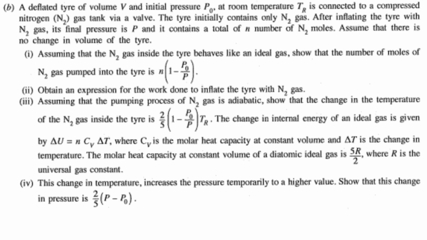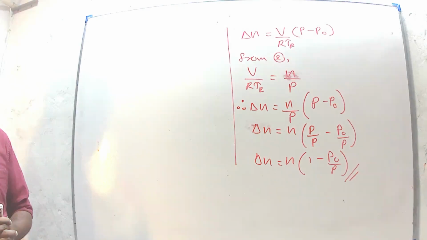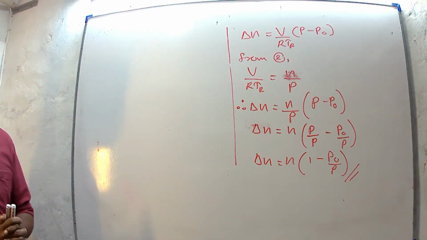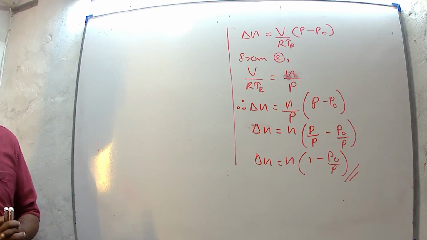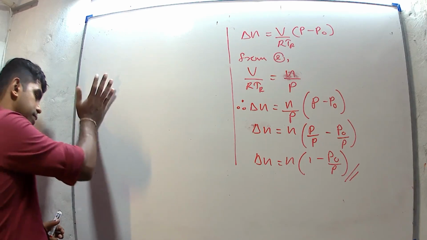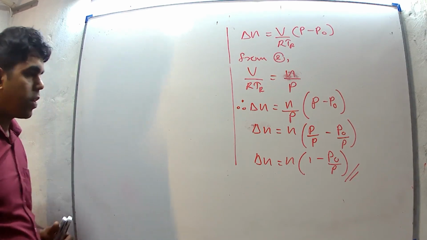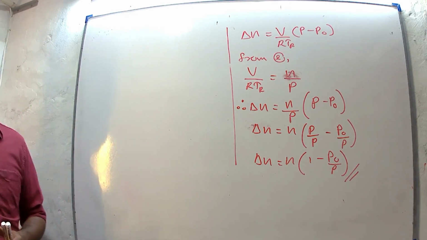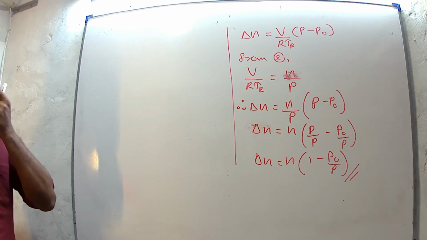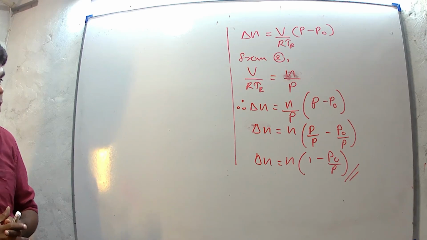In part 2, obtain an expression for the work done to inflate the tire with nitrogen gas. We know that work done is P times V, PV. Then we have to calculate the change of PV value, change of PV product.